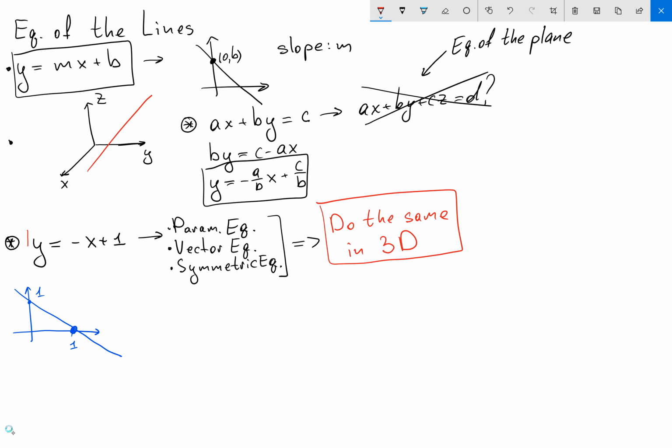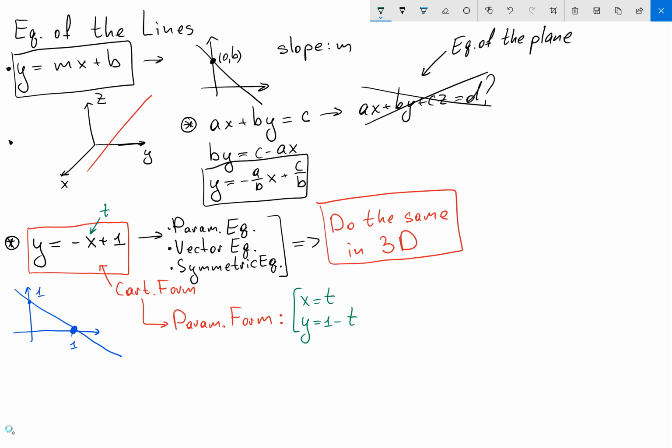So the trick is to take this equation, which you can see clearly is in Cartesian form, and write it in parametric form. As you remember, I can write this in parametric form by letting x be equal to t. Then if x is t, we can see that y equals 1 minus t. And this is going to be exactly the parametric equation of the line.